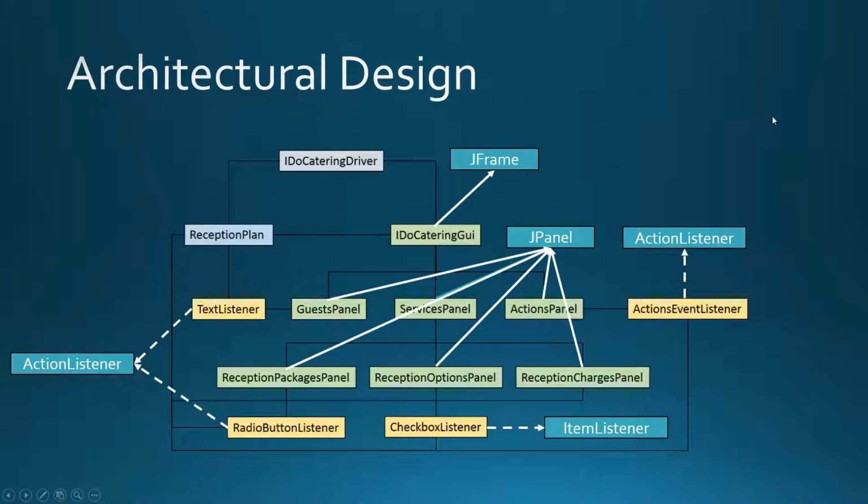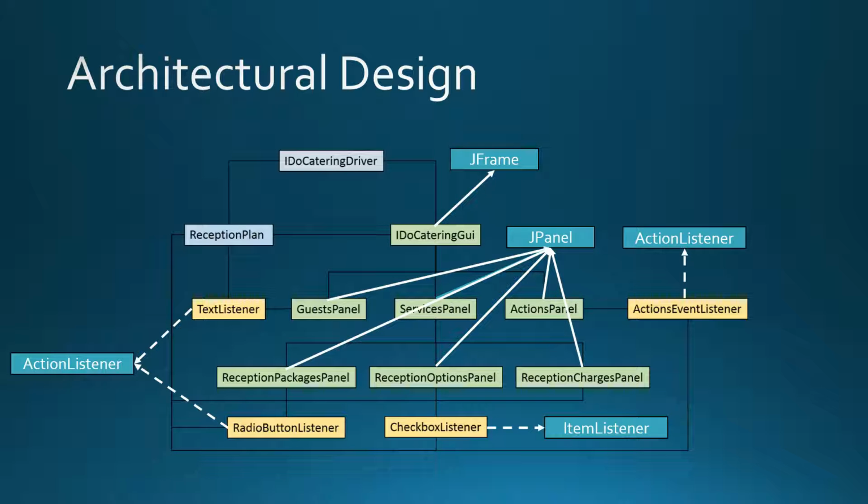I've overlaid in this architectural design the specific Java classes that we're going to utilize to realize the various components of the GUI. The main GUI window is going to be the responsibility of the iDo catering GUI, and it's going to be a subclass of JFrame.